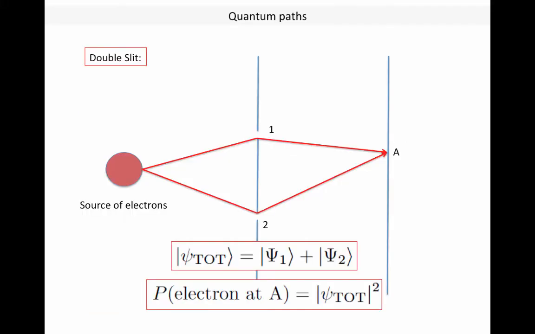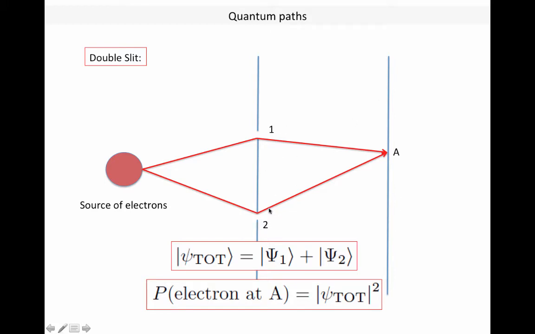Okay, so let's go back to the double slit experiment, where we're going to have a source of electrons fired at two slits, and we can ask what is the probability that we'll detect an electron at some position A on a slit behind the double slits.